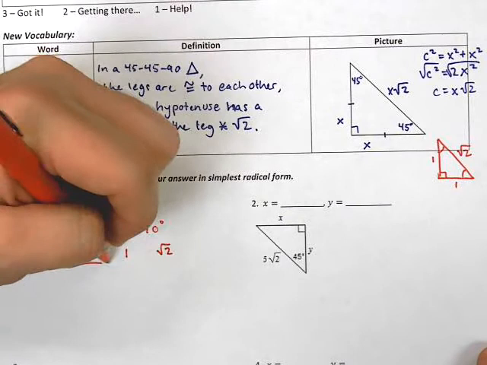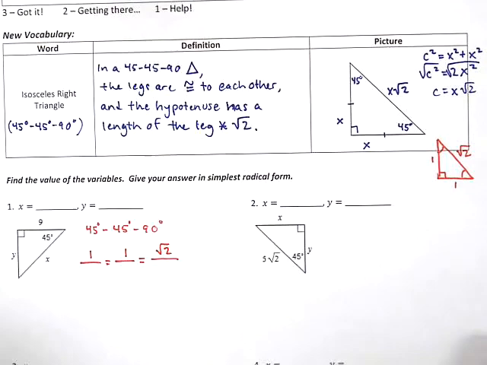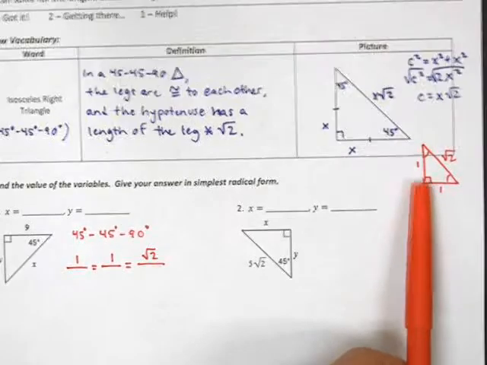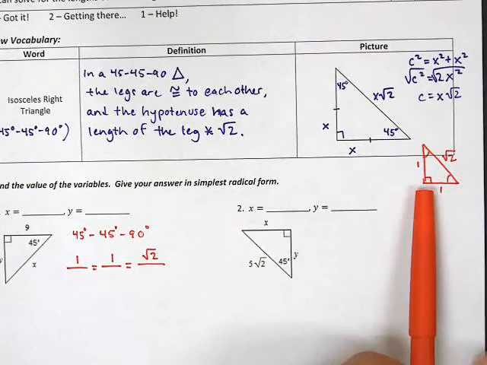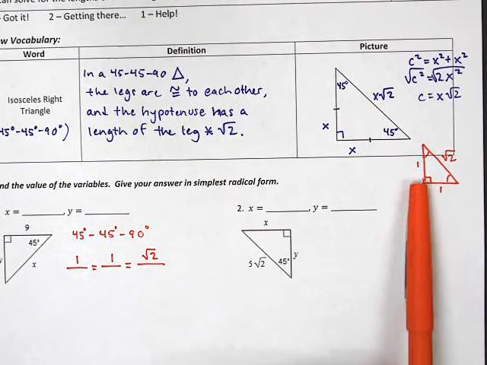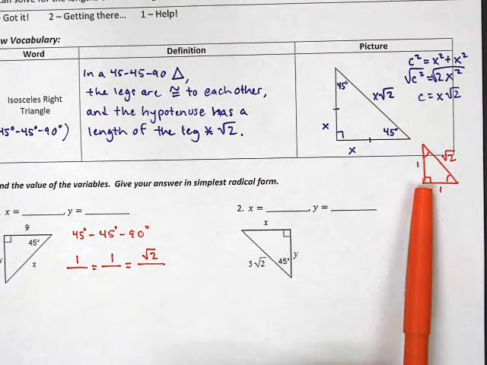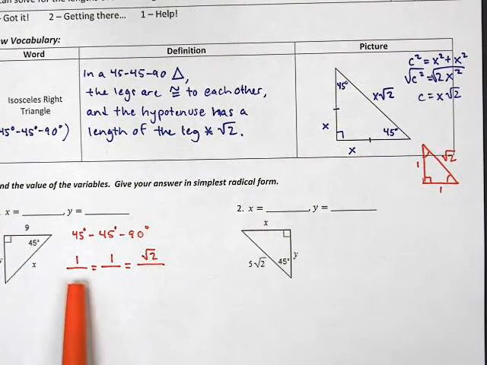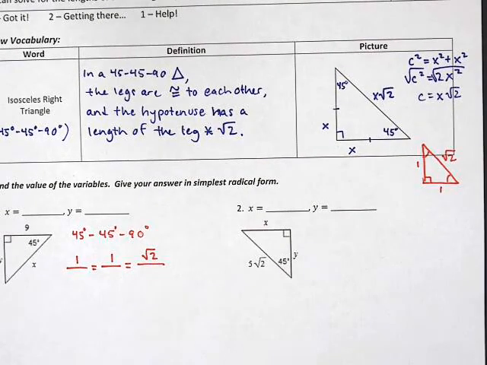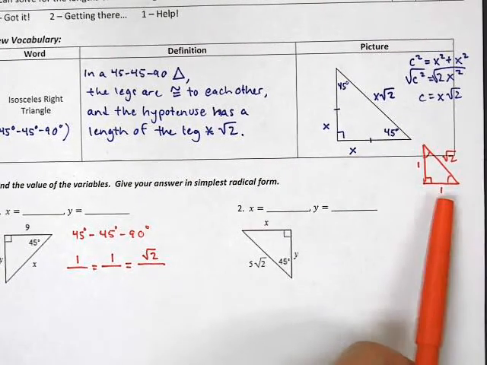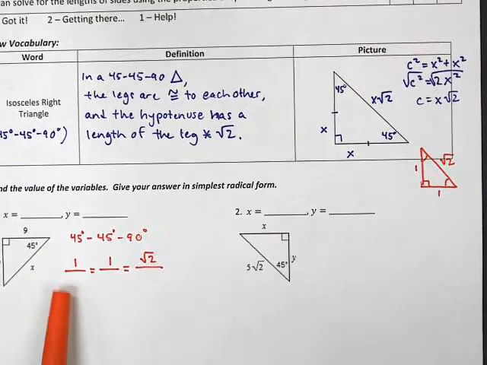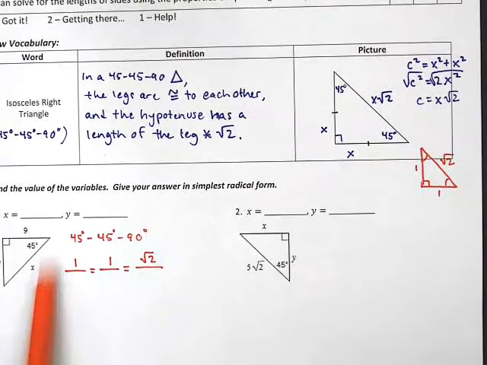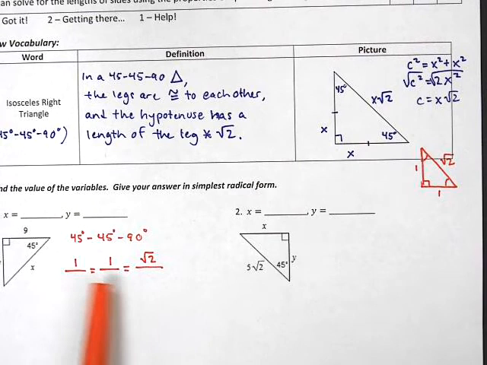The really nice part, guys, is that we're just creating similar triangles. This triangle right here, 45, 45, 90, is similar to this 45, 45, 90. So I can just set up the proportions like we just did in chapter 7. If my legs here are 1 and 1, then the two legs from this triangle have to go in these ratios.